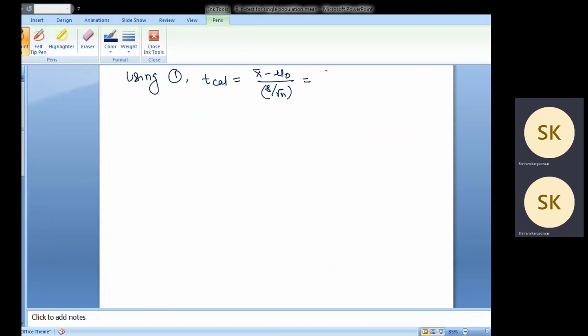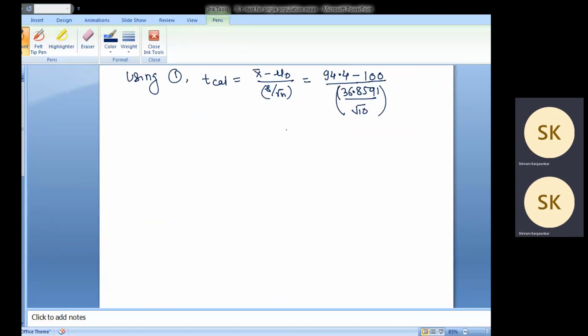Now x bar is 94.4 minus mu naught is 100, upon 36.8591 divided by root of 10.